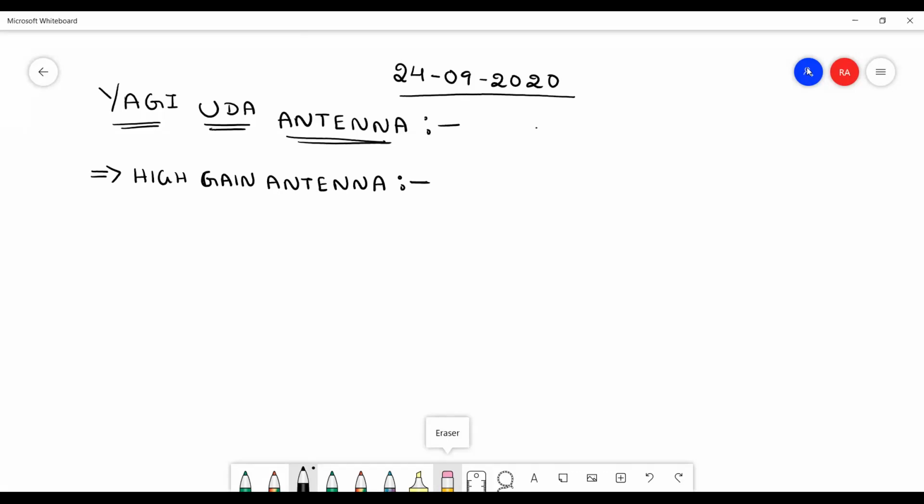These are the features of the Yagi-Uda, a very high gain antenna. It was invented by Professor Uda and Yagi. The antenna was invented in the year 1928.